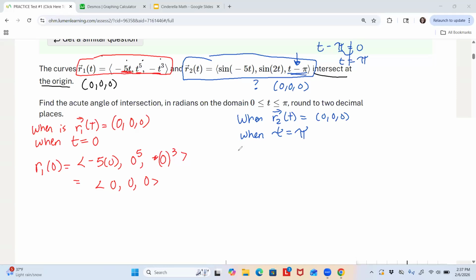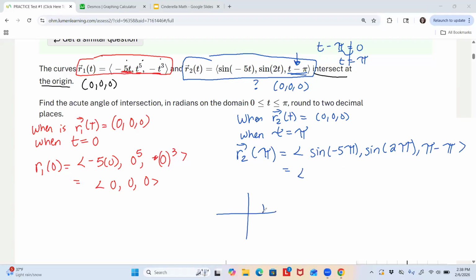Just to prove that to you, r2 of pi would be sine of negative 5 pi, sine of 2 pi, and then pi minus pi. I just plugged in pi there. Think of the unit circle here, negative 5 pi.